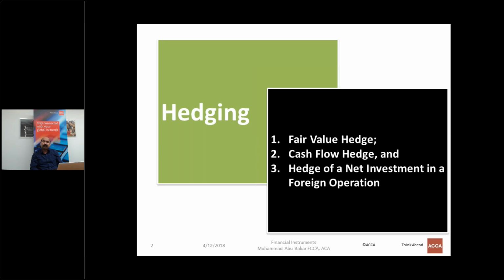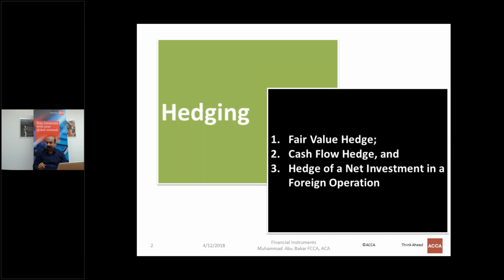These are the two things which we will try to learn through the session on hedging. Number two, once we have decided this is a fair value hedge, or this is a cash flow hedge, what is the accounting treatment for the fair value hedge? And similarly, what is the accounting treatment for the cash flow hedge?